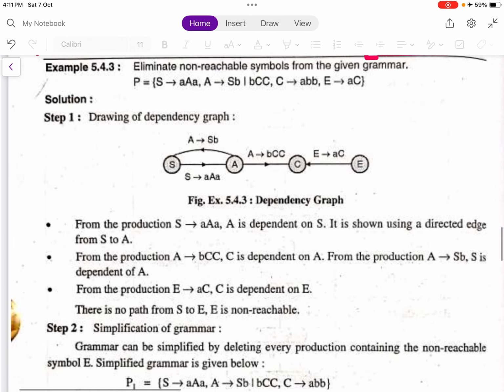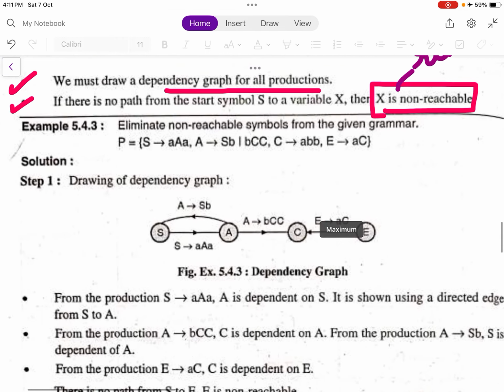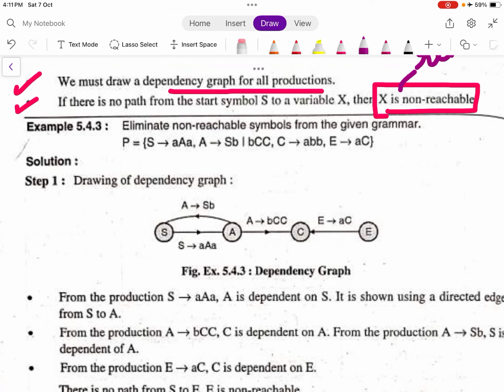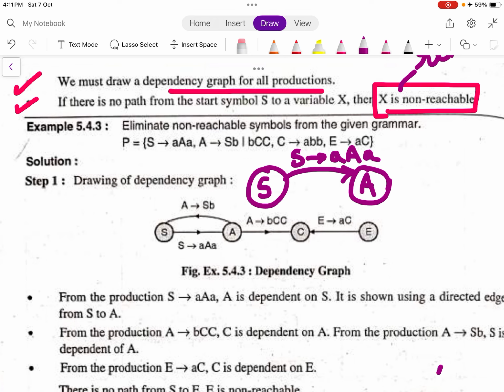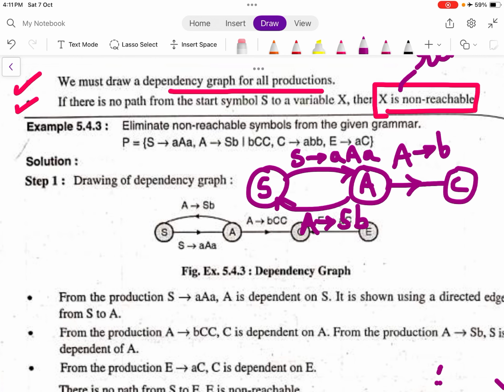Eliminate the non-reachable symbols from the given grammar. First draw the dependency graph. For the dependency graph, S, then from S you can reach A. How? S is dependent on A. From A also you can go like this, because A is S, B. Then for C, A is BC.